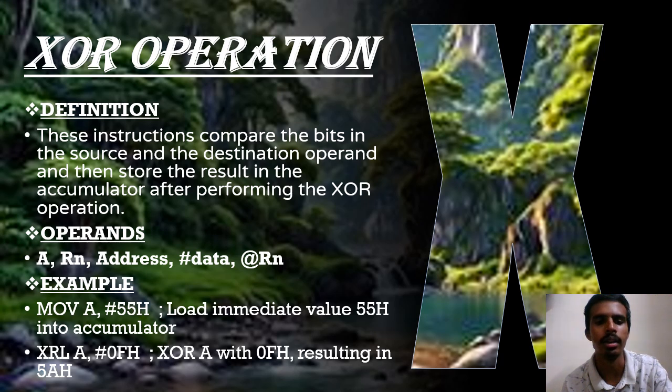In the destination we have the accumulator, and in the source we have 0FH, that means XOR A with 0FH, and the result, which is 5AH, is stored in the accumulator itself after performing the XRL function. So this is how the XOR operation takes place.